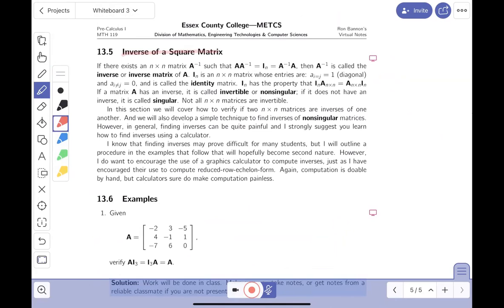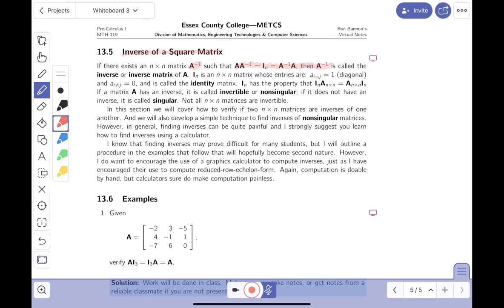If there exists an n by n matrix, A inverse, such that blah, blah, blah. Remember we said about this n, it's square. So if it's a 3, it'd be a 3 by 3, a 2 would be 2 by 2, 4, 4 by 4. All right. They're saying that if you took the matrix A multiplied by its inverse, whether you did it left or right, it's always going to produce the I matrix. And that I has a diagonal of 1s.